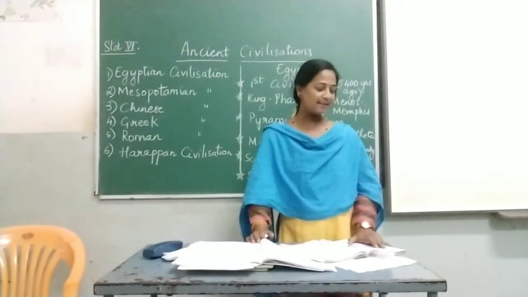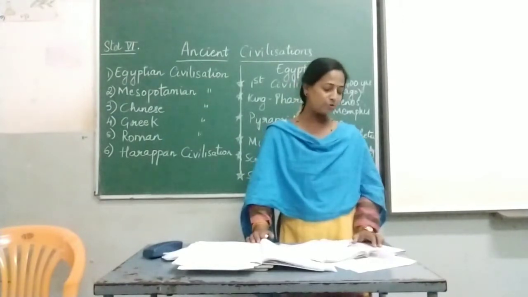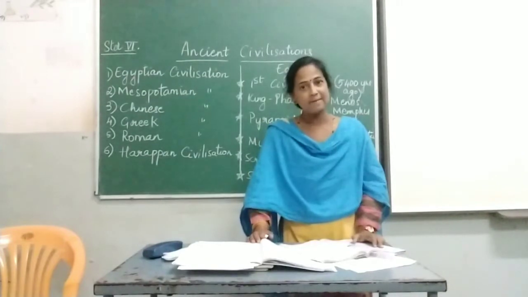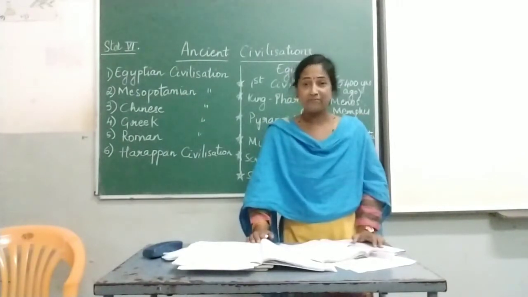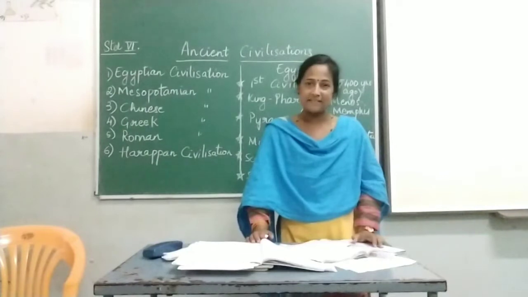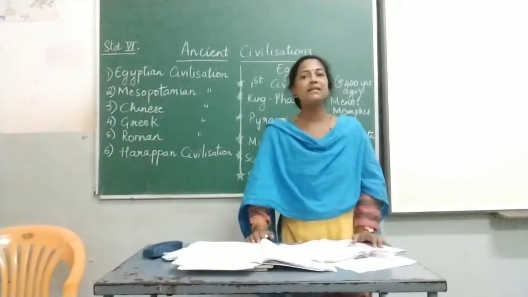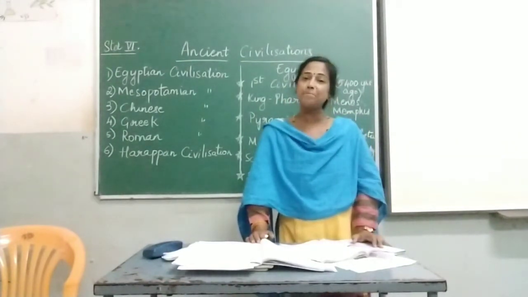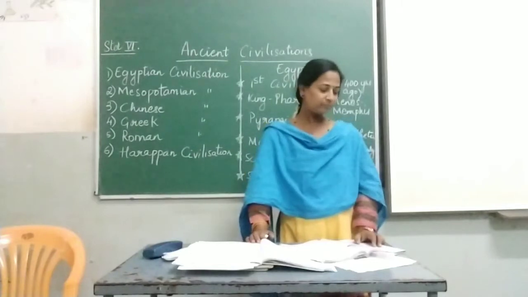His daughter was Hatshepsut, who came to power after him and came to be known as the first empress of the world. Who is the empress? Maharani, Queen. Emperor, empress. The masculine gender is emperor and the feminine gender of emperor is empress. She was the first empress of the world.